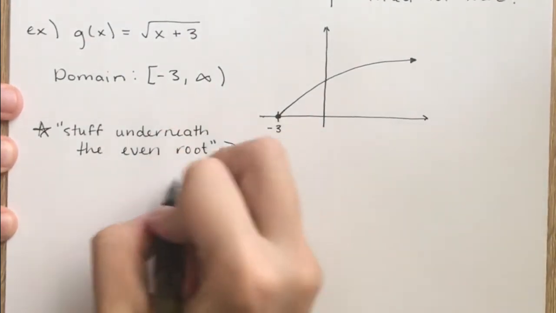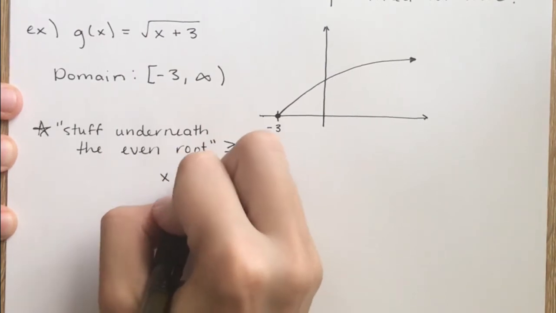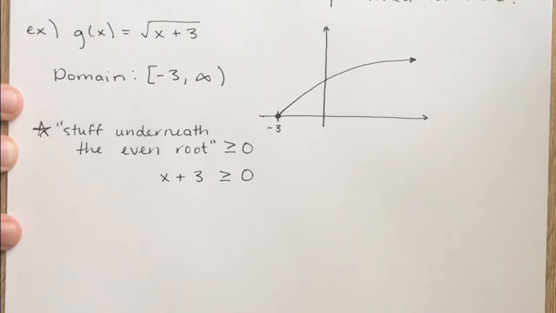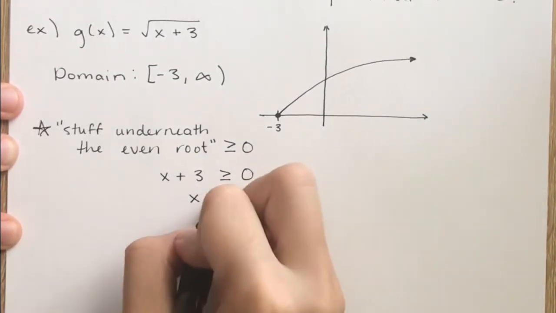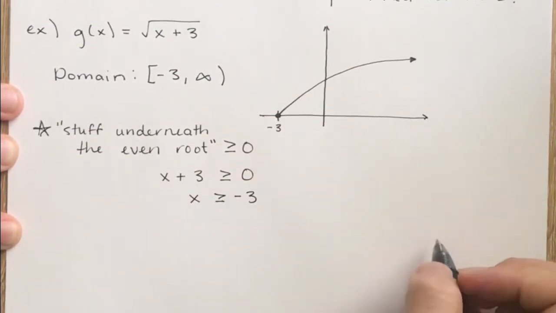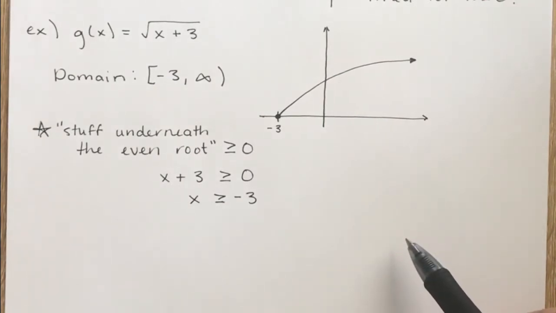So for instance, here, the stuff underneath the root is x plus 3. We want that to be greater than or equal to 0. We solve for x here. We subtract 3 from both sides, and we get x is greater than or equal to -3, which is what our domain is. Let's look at some examples of this.